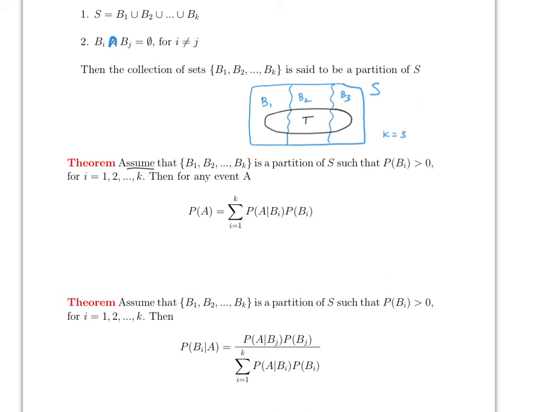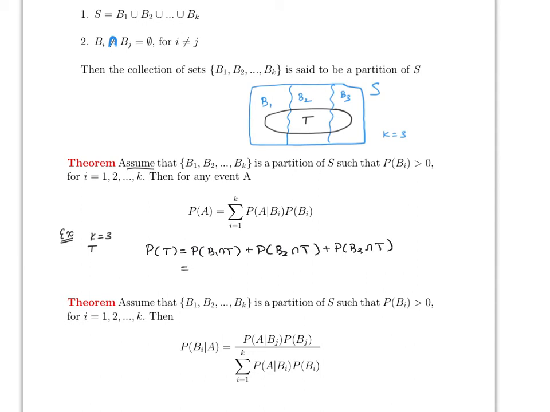Now, the formula looks pretty weird because of the summation for some people. But this is essentially the formula we just did in the last section, but we did it only for 2 events. So for example, assuming let's say that k is 3, and if we look to the event t we have here, then the probability of t will be equal to the probability of b1 and t plus the probability of b2 and t plus the probability of b3 and t.